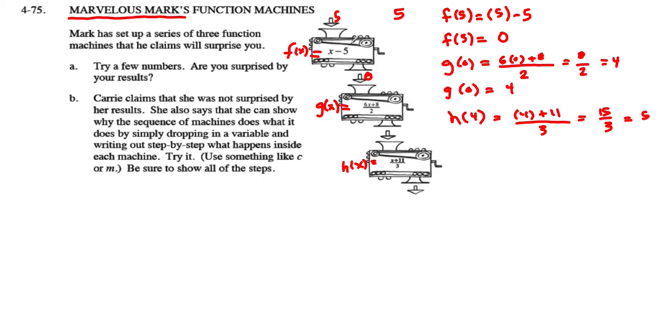So we had 5, out came 0, plugged in 0, out came 4, 4 went in, and out came 5 again. I think the thing they want us to see is that whatever value we plug in is also the output at the end. If you want to try some other numbers, go ahead and plug them in and see if that works for you. It should.